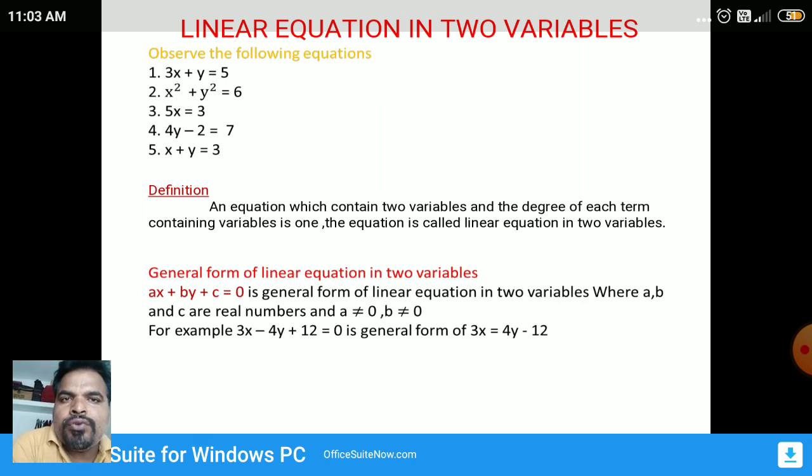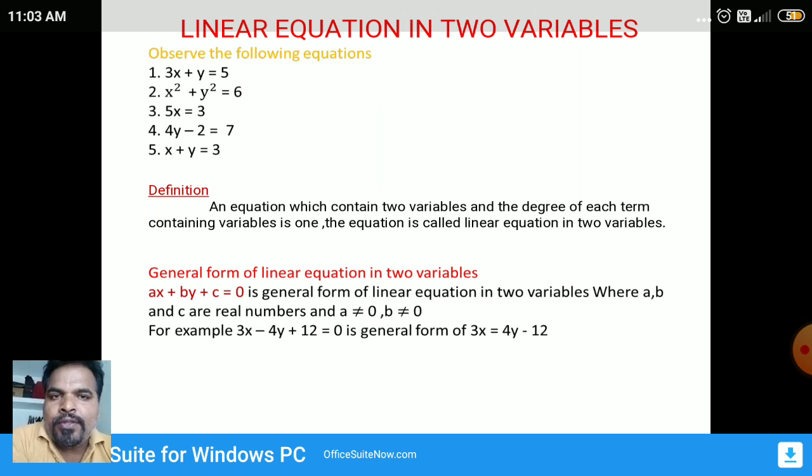These two equations contain two variables x and y, and the degree of each term containing variables is 1, that is, the degree of 3x is 1 in the first equation. The degree of y is also 1. Therefore the equation 3x plus y is equal to 5 is a linear equation in two variables.